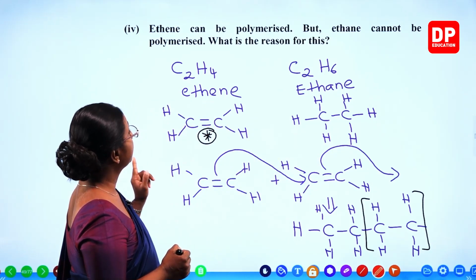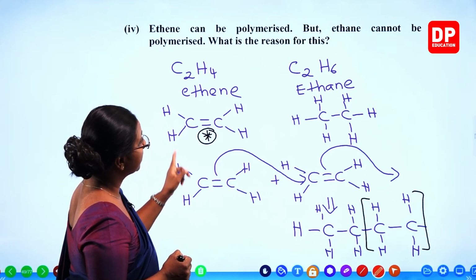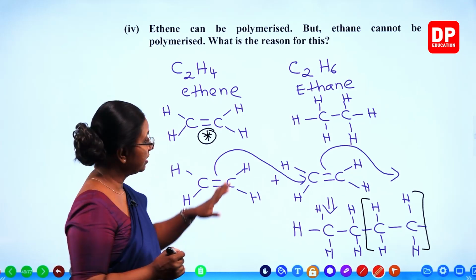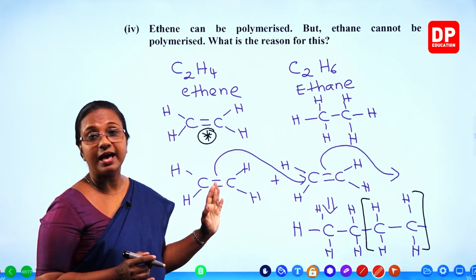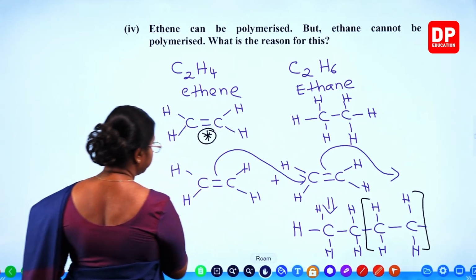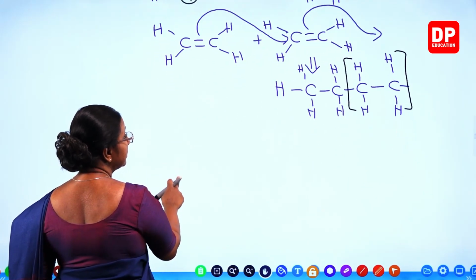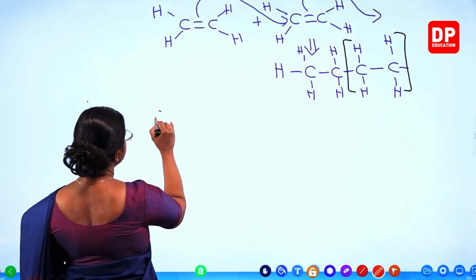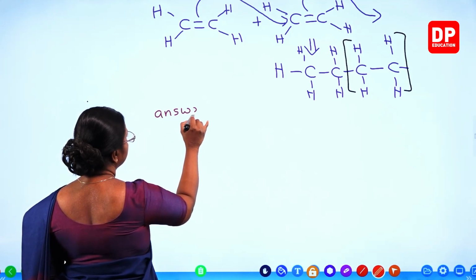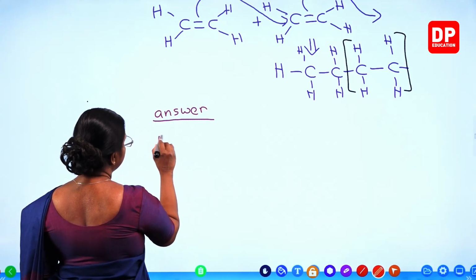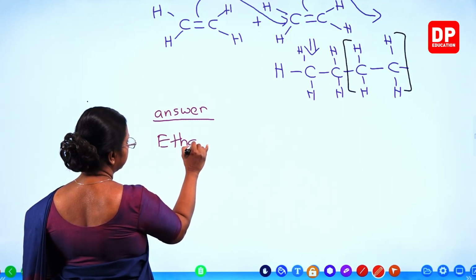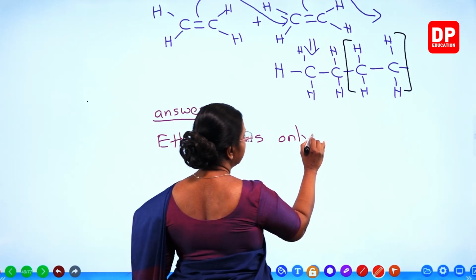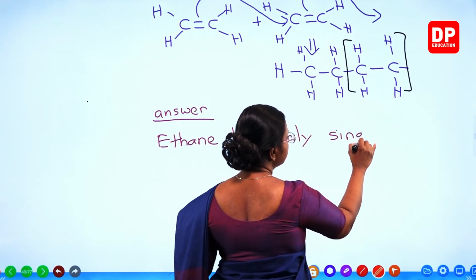So ethene can be polymerized, but ethane cannot be polymerized. What is the reason for this? Ethane does not have double bonds. So here the answer is, you can say ethane has only single bonds.